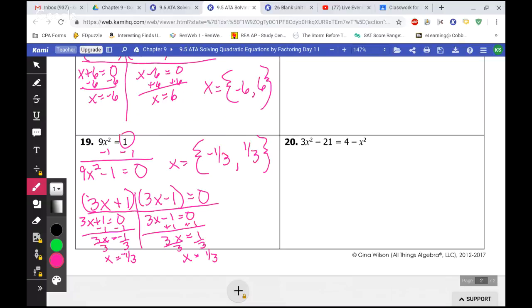Just remembering how to factor will always be very advantageous to you for geometry and definitely algebra 2. There's a lot of times we revisit factoring a good bit.